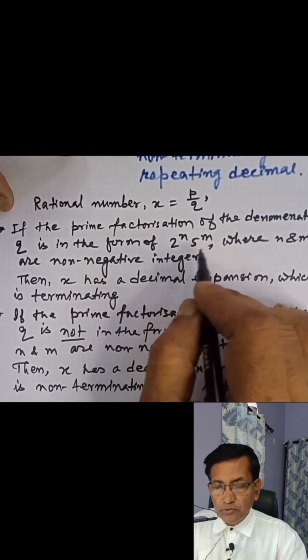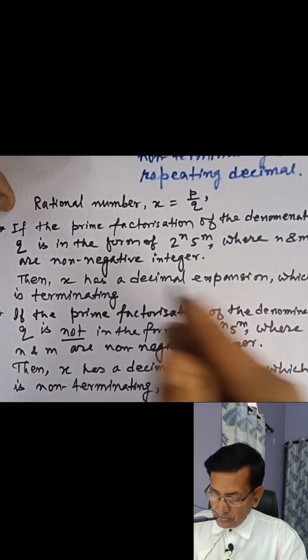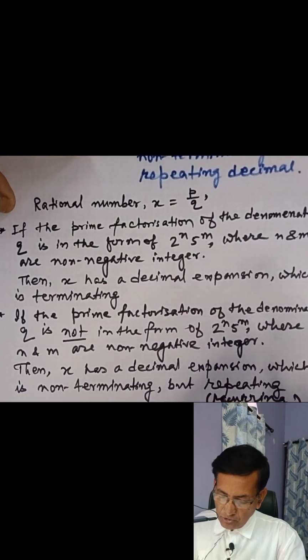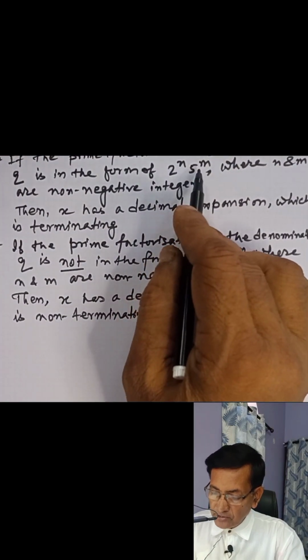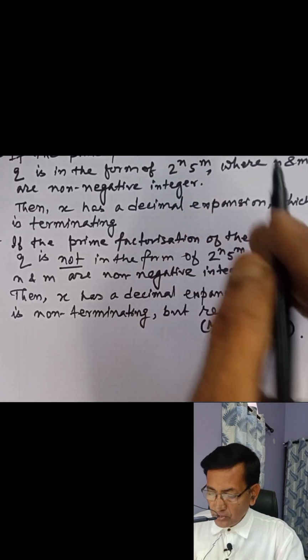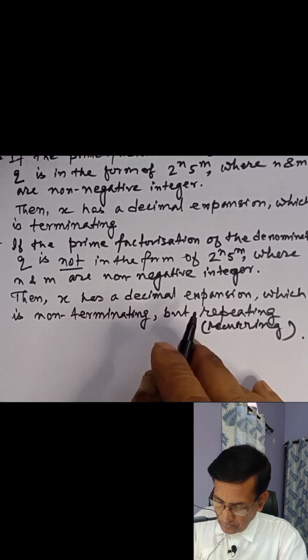If it is, then the decimal expansion is terminating. If it is not in that form, or any extra factor is there, then it is non-terminating but repeating.